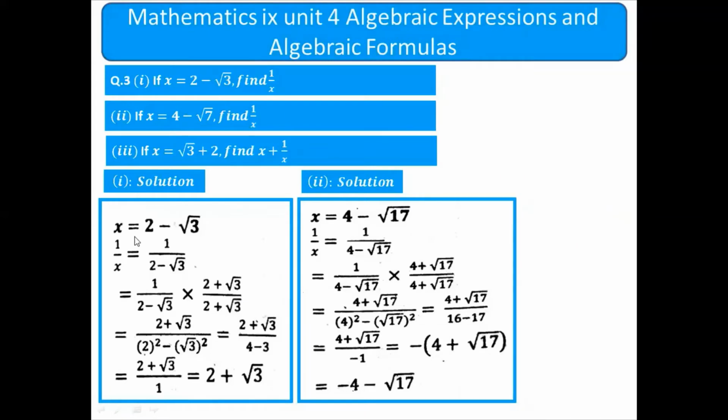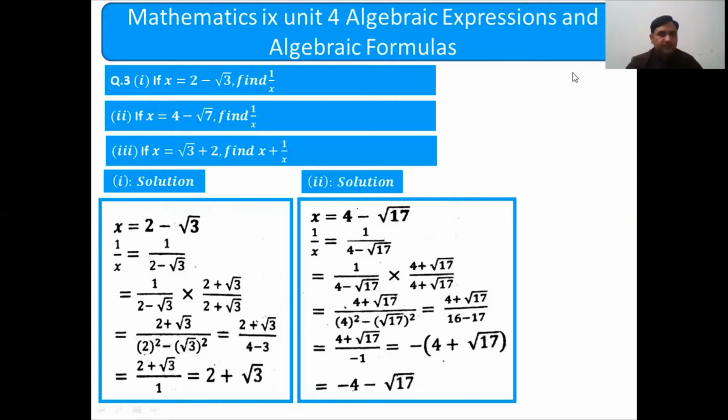Given is x equal to 2 minus square root of 3. So when we write 1 by x, then 1 by x will be equal to 1 by 2 minus square root of 3. Here this binomial surd appears in the denominator, so we have to remove it. How can we remove this binomial surd from the denominator? We just have to multiply and divide by its conjugate.